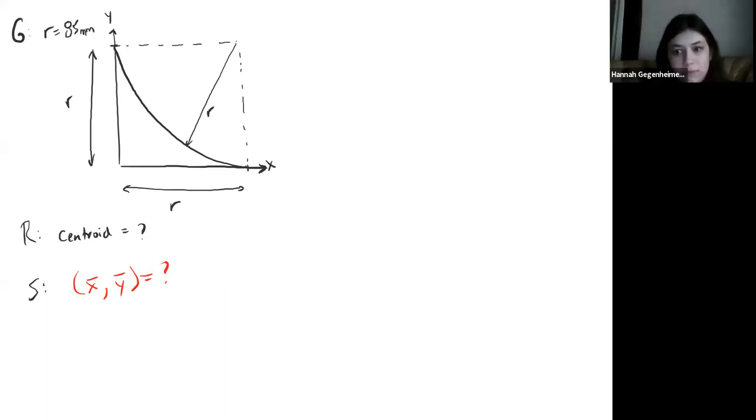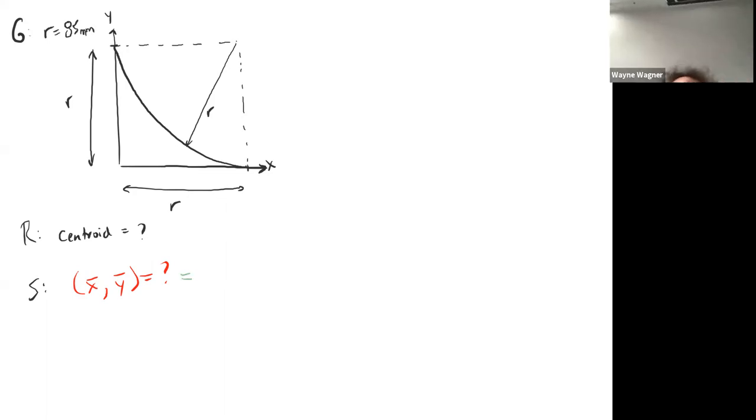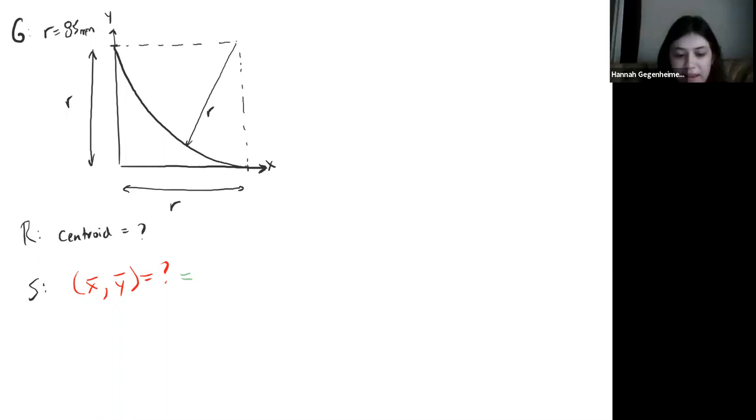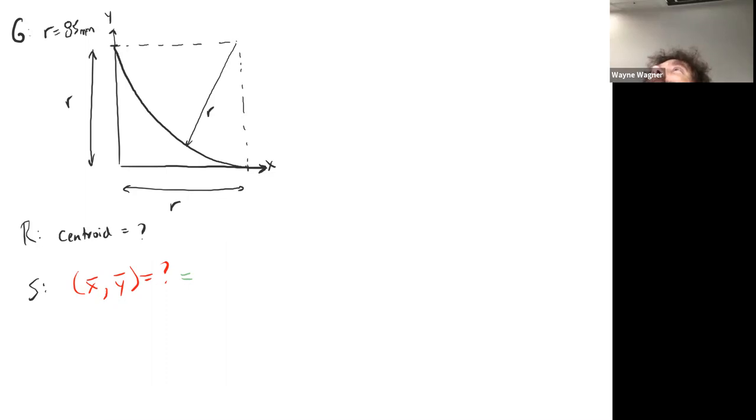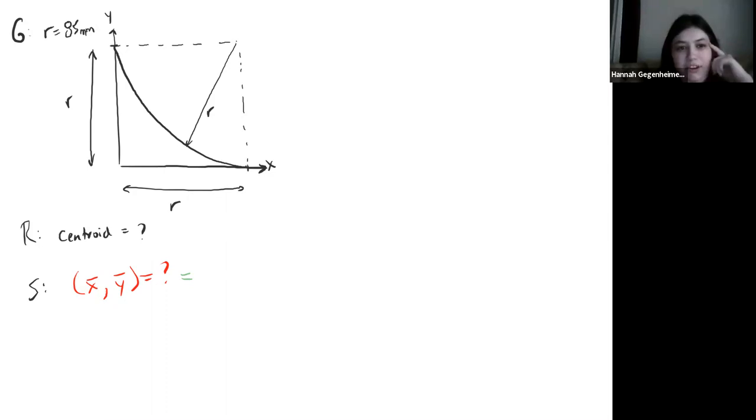Let's go ahead and give this a guess. What do you think for the centroid? Is that one of those spandrels? What is a spandrel? That's what it said on the chart, I think.